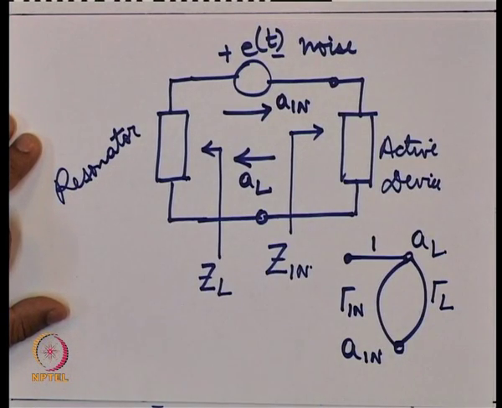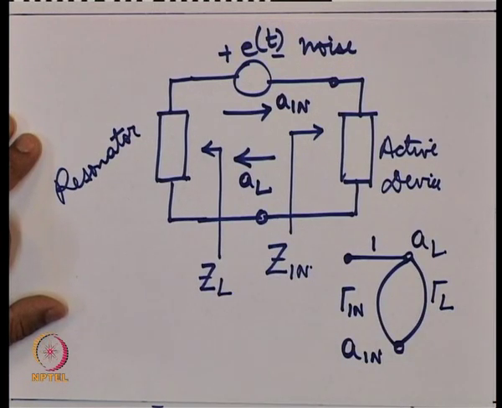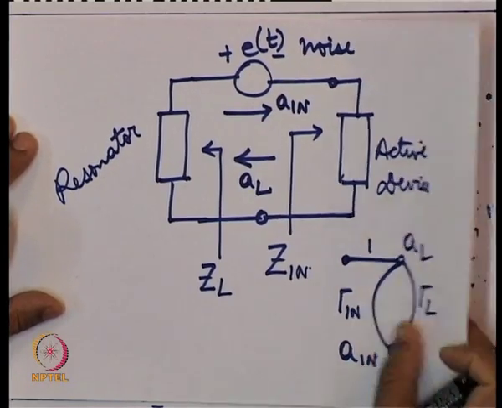Once we draw this signal flow graph diagram, what happens at the point of oscillation?